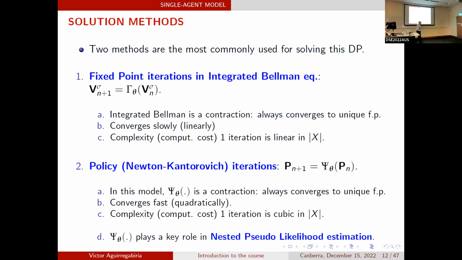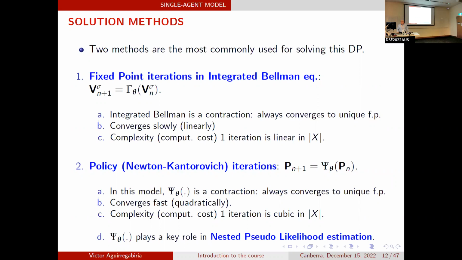Solution methods, as we have seen in previous lectures: to solve for the unique fixed point of this Bellman equation, we can use iterations in the integrated Bellman equation, value function iterations. This converges slowly, linearly, but the complexity of each iteration is also linear in the dimension of the state space.